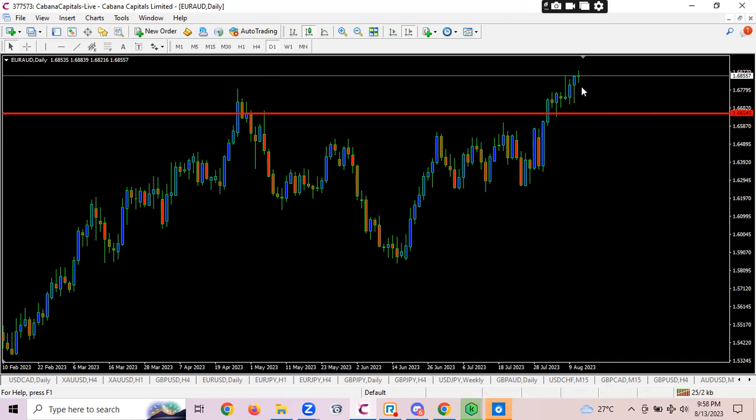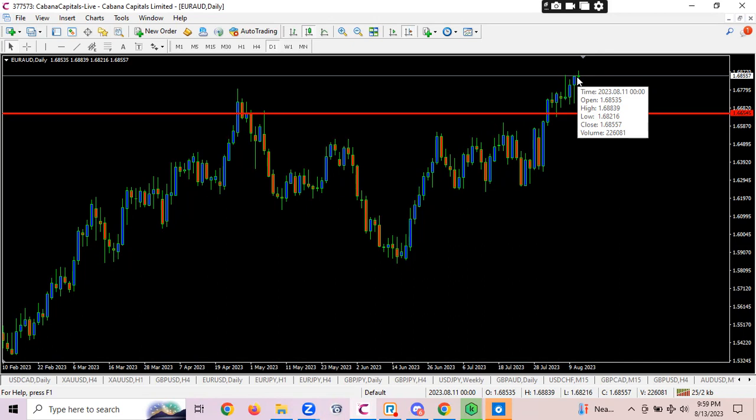So if Monday candle closes bearish, we should expect more bearish move on Euro Aussie. We cannot jump in and start selling because of the doji candle's information. We have to wait for the next candle to close bearish before we sell.